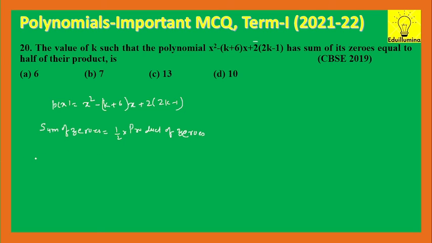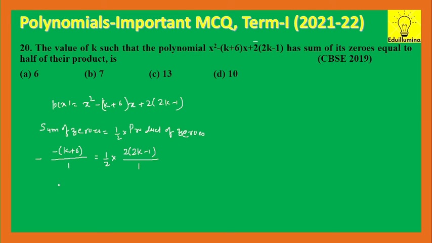Sum of zeros is minus coefficient of x, which is minus into minus k plus 6, divided by coefficient of x square, 1. So it is equal to 1 by 2 into product of zeros, which is the ratio of constant term, and the constant term here is 2k minus 1, divided by coefficient of x square.